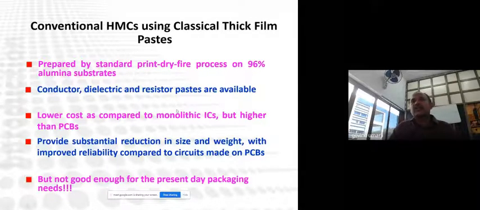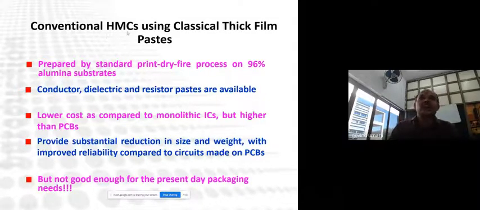There are various compositions, nanocomposites, which we generally call pastes, available as conductors, dielectrics, and resistors. Lower cost as compared to monolithic ICs, but higher than PCBs. They are moderate, in between PCBs and ICs.